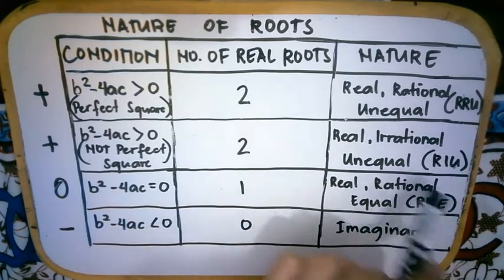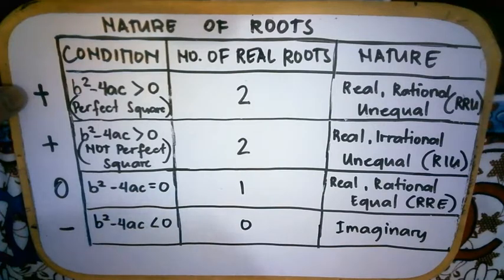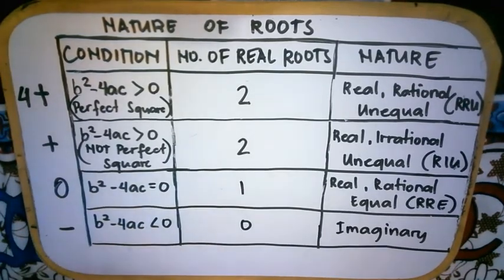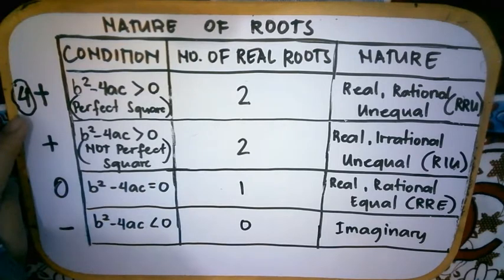So mas maganda na i-memorize nyo tong mga acronym para mas madali nyong matandaan. O for example, magbigay tayo ngayon ng number na positive and then perfect square. For example, 4. Ngayon, ito yung value ng discriminant. Ang value ng discriminant nung nag-solve tayo ay 4. Ngayon, i-interpret natin yan.